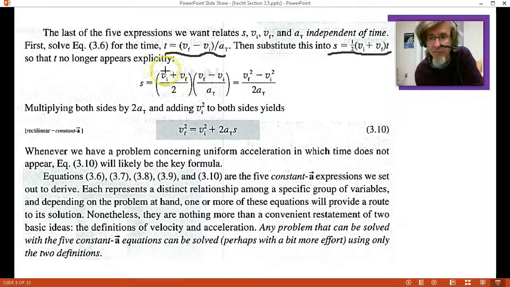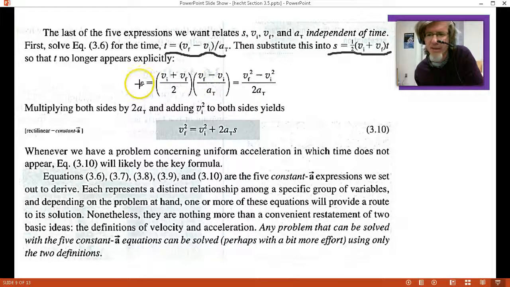So they plug in a time, and they plug in another time here. Oh, I'm seeing here that they, yes, they're plugging in average velocity times time.